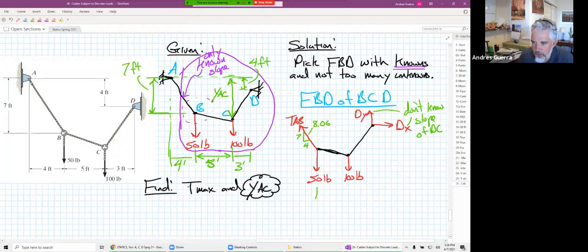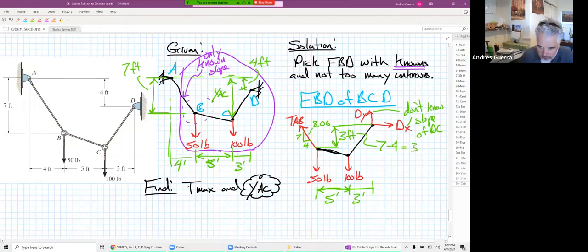Now we do know some other distances though. This distance right here is equal to 5 feet, and the horizontal distance there is equal to 3 feet. We also know the vertical distance between point D and B, because we know where B is relative to A and where D is relative to A. That's going to be 3 feet, which is 7 minus 4 equals 3.